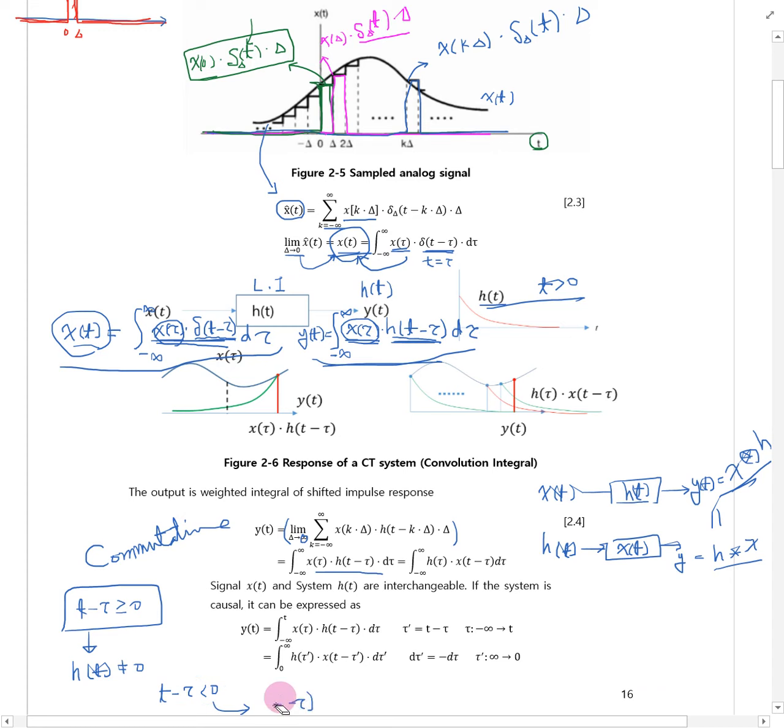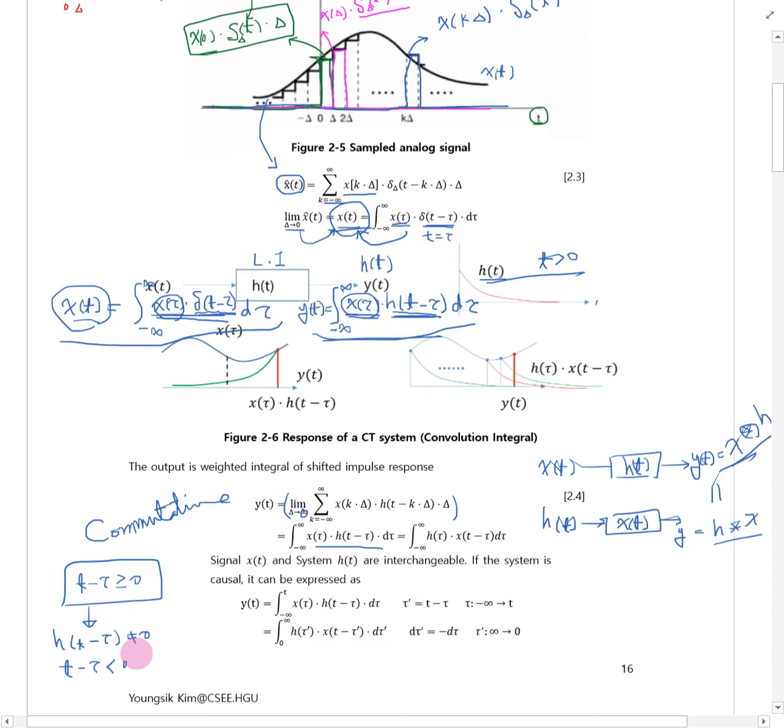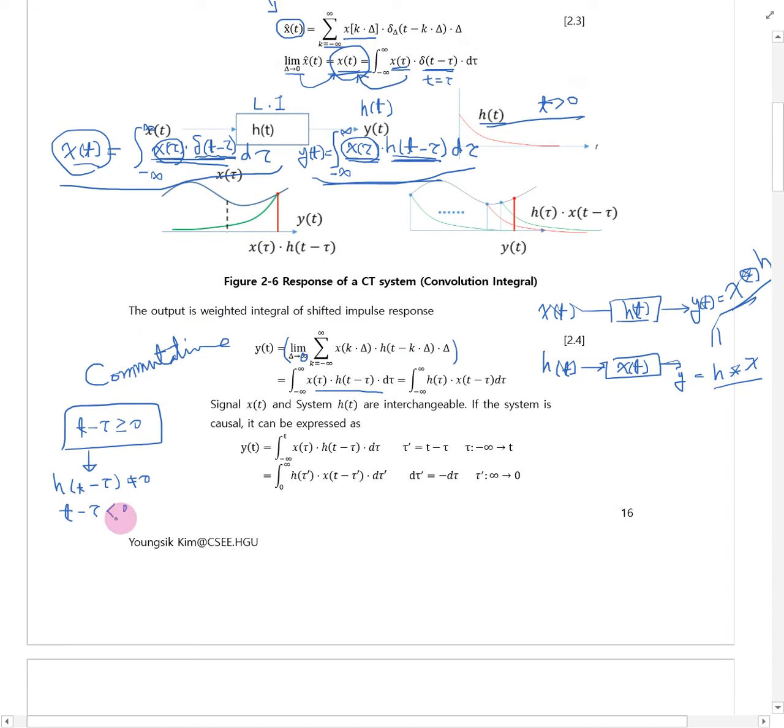It means that t minus tau is non-zero, else if t minus tau is negative, then h is 0.